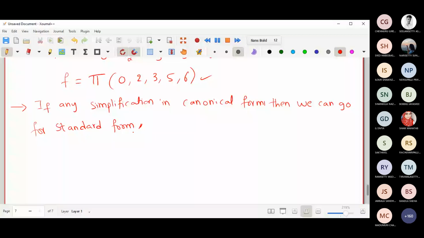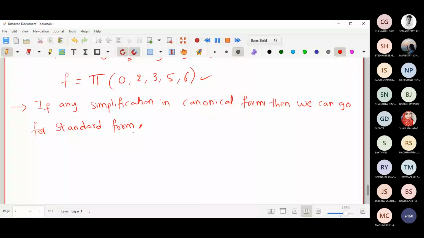Okay, simplification in the sense, suppose like already we have discussed Boolean laws, Boolean theorems. If you want to go to standard form from canonical form, you can apply some Boolean laws, theorems, De Morgan's theorems and all the theorems, then you can go for the standard form.